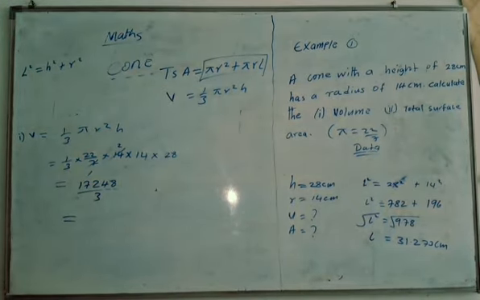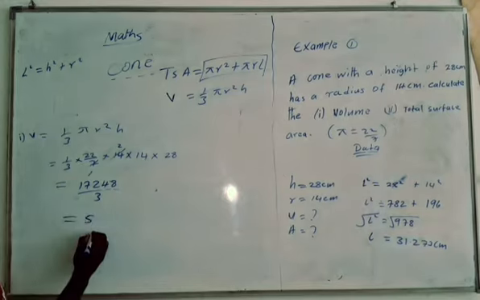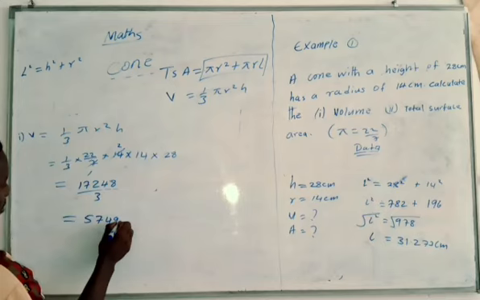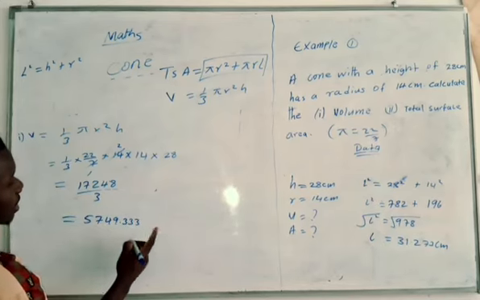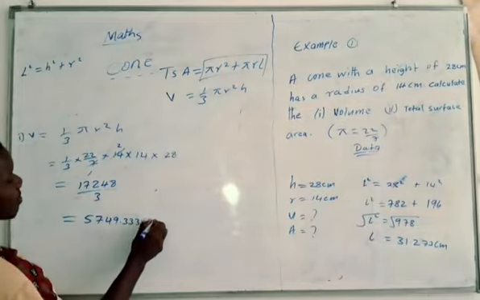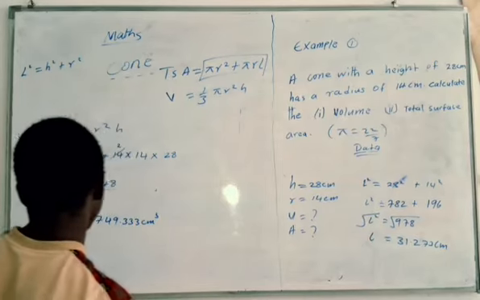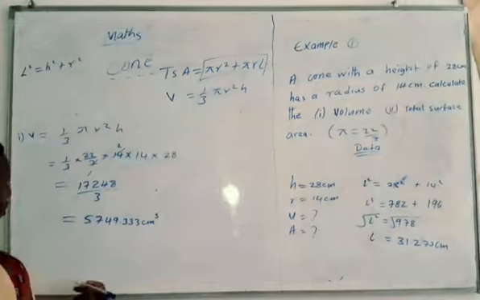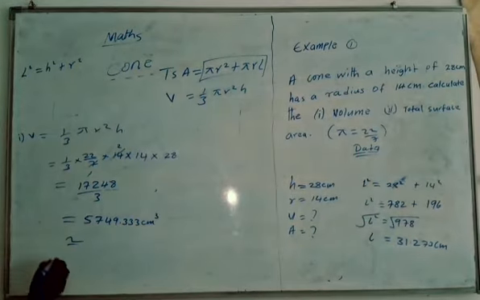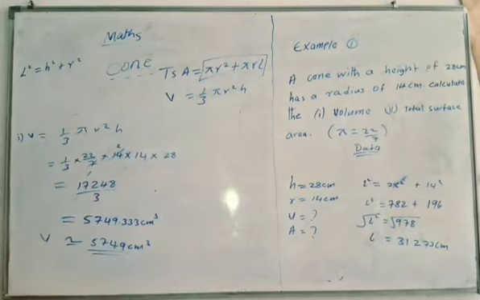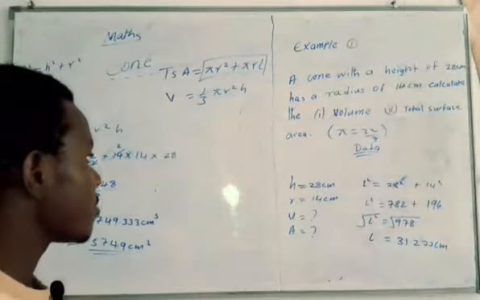So that will give us 5,749.333 cm cube. But no instruction is given on the degree of accuracy, so we can just assume a whole number. So the volume is going to be 5,749 centimeter cube. So this is the volume in centimeter cube.